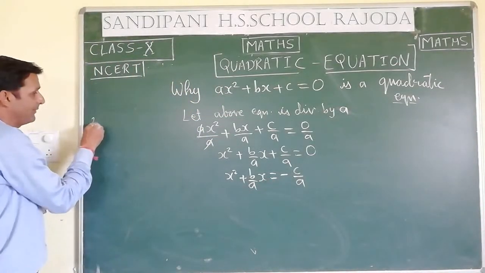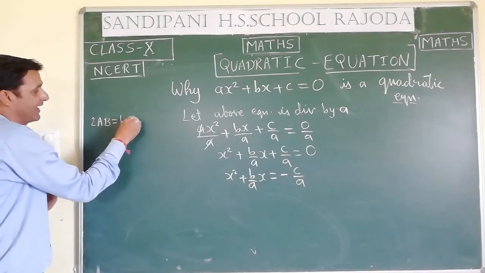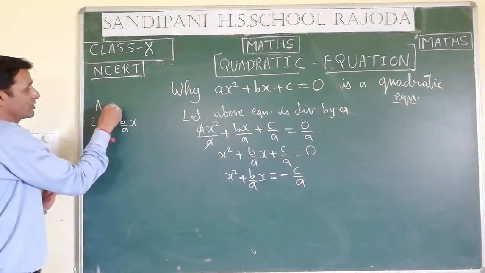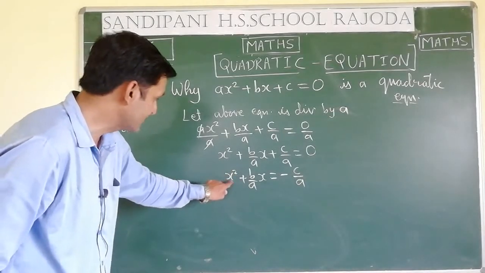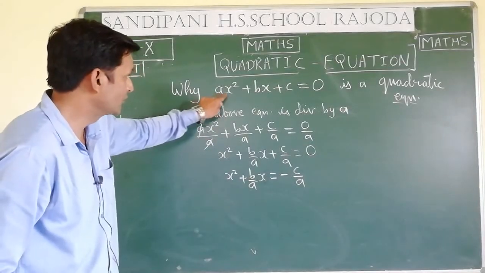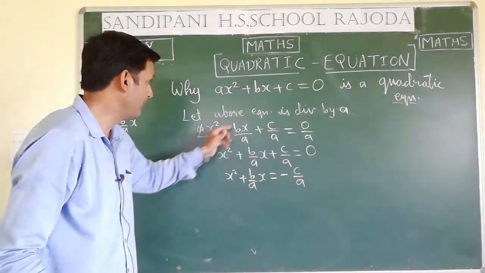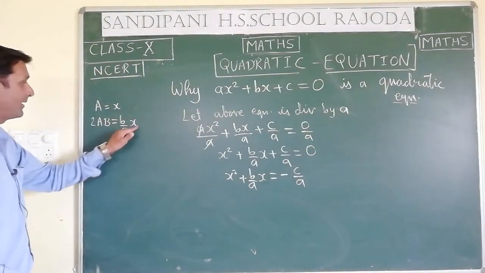So 2ab is equal to b by a x, and in place of a, of course x is there for making it complete square. In place of a, x is there because it is complete square, x square, and we have removed the coefficient of x square from here by dividing it by a. So 2ab is equal to b by a into x.